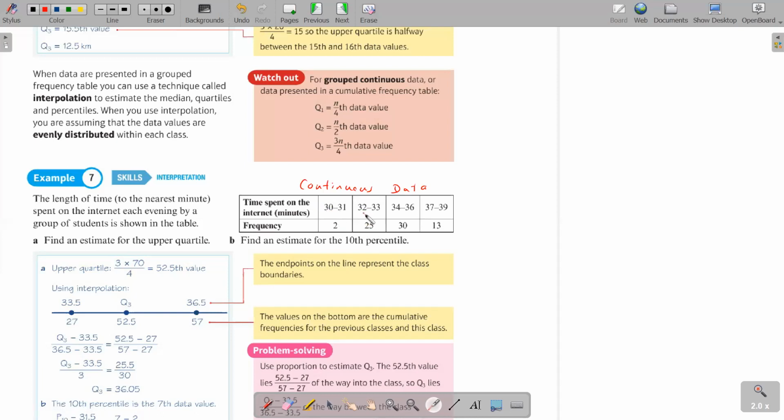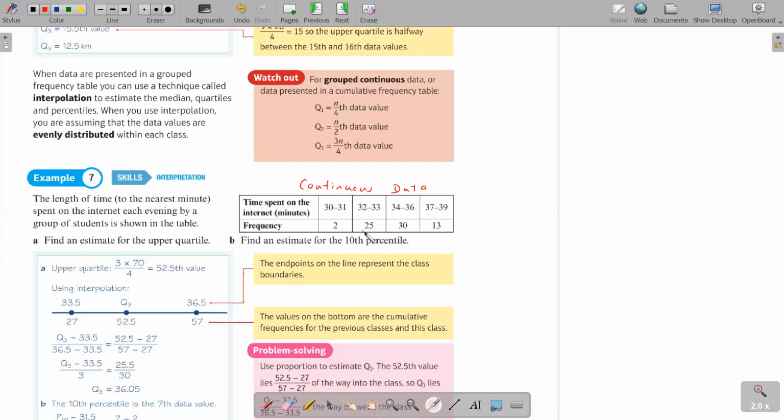So here between 32 to 33 minutes, there were 25 students who took between 32 to 33 minutes. Are you following me? But do we know the individual time taken by any of these people? Do we know the exact amount of time that any of them actually took?